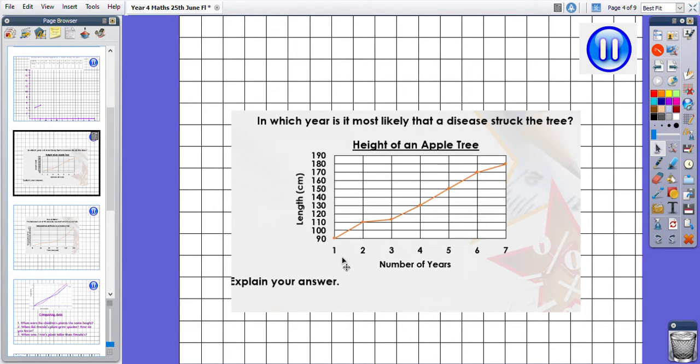So thinking about whether that line is closer to horizontal or closer to vertical, which one would show that the tree is growing quicker and which one would show it is growing slower. Now, if a disease has struck the tree, it's probably going to grow slower, isn't it? Because it's not a very healthy tree. So you need to identify on that line graph when the tree grew slower. So have a go and we'll discuss it afterwards.